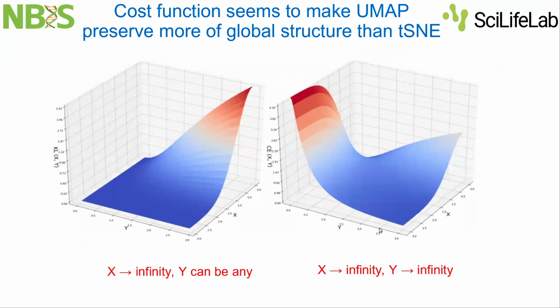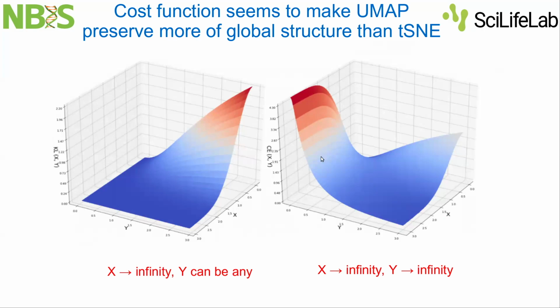Here I plotted the Kullback-Leibler for t-SNE on the left versus cross entropy on the right, where the x and y coordinates are the average positions between data points in high-dimensional space x and low-dimensional space y.